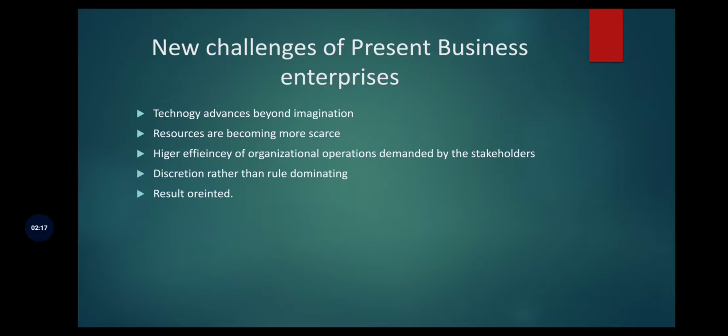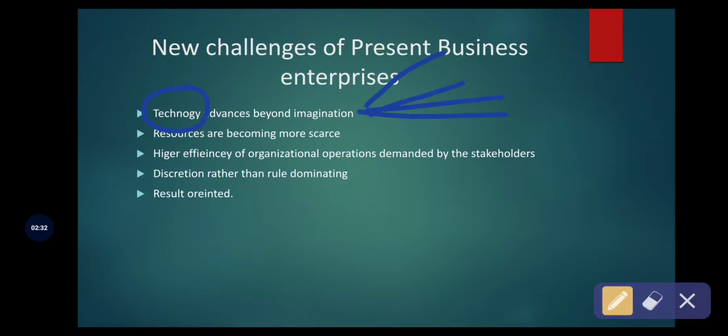The first main challenge is technology. Technology is advancing beyond our imagination. We could not imagine those things in the past. The things which we did not imagine can happen with the help of this technology, and now it is happening.